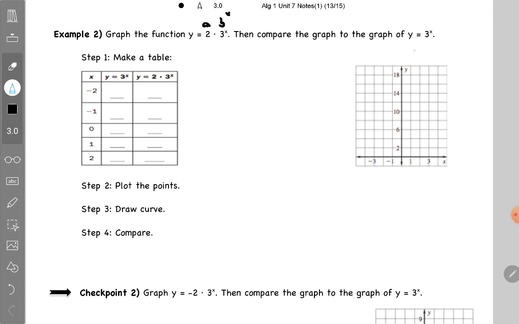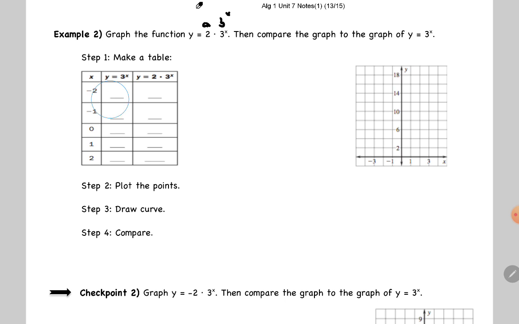So we're going to look at the graph of y equals 3 to the x. If I plug in -2, I'll get 3 to the -2, and that's 1 over 3 squared, which is 1 over 9. And then I'll get 1/3. 3 to the first is 3, and 3 squared is 9.